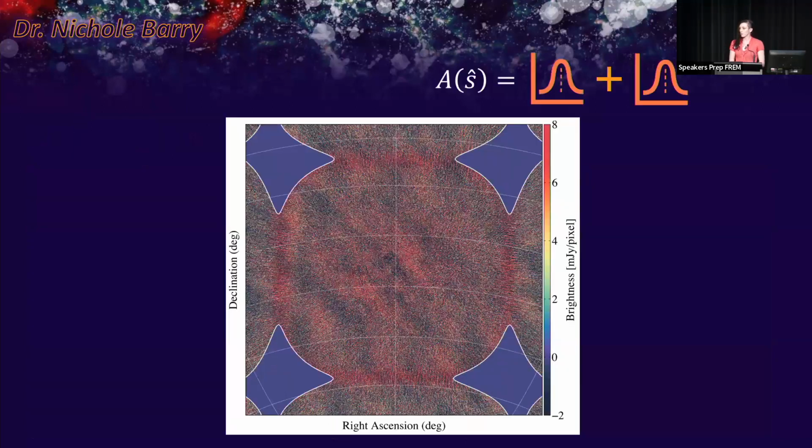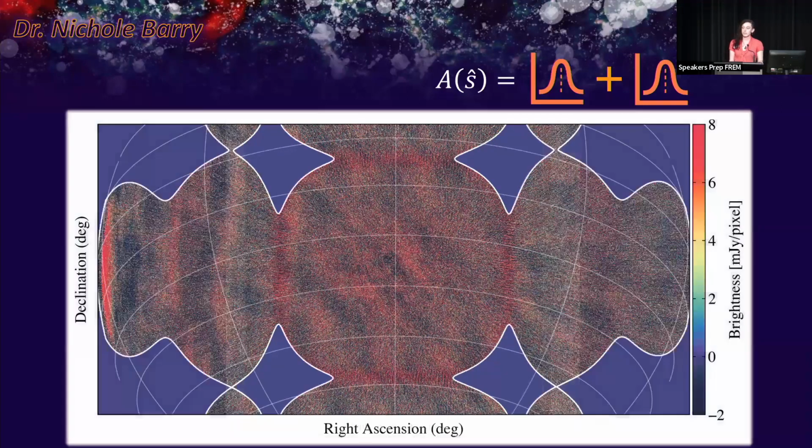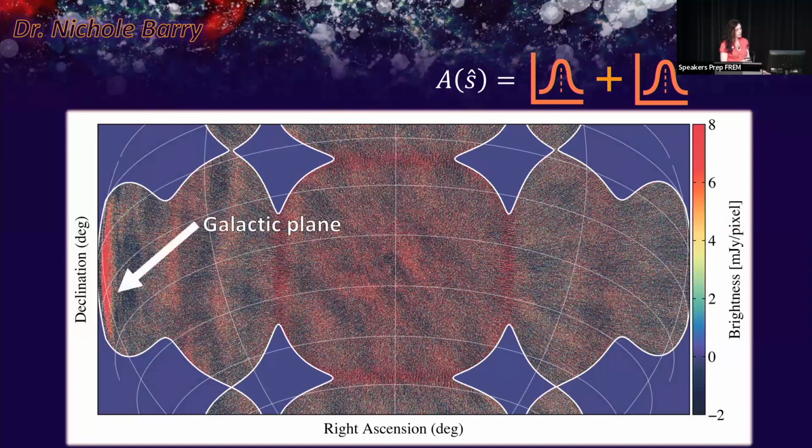Cool, so that's all well and good, neat. But what that means is that we can go further out into the image and see more than we could before. So here's that same image all the way out towards the horizon in right ascension. And you might be able to tell that there's a bit of an issue here, something that I forgot to remove. It's the galactic plane.